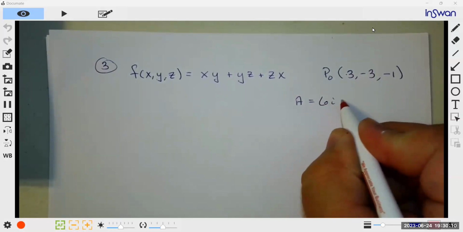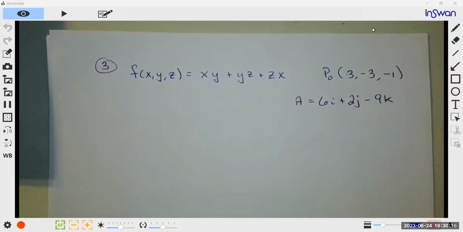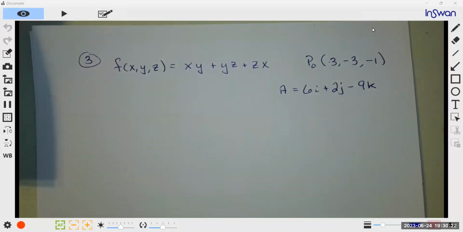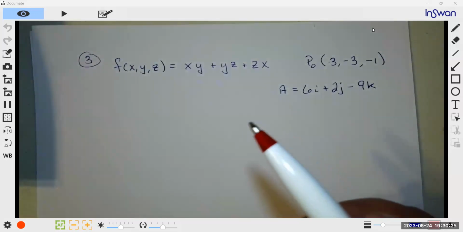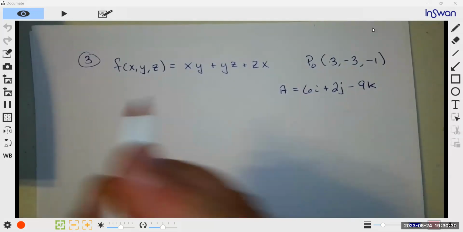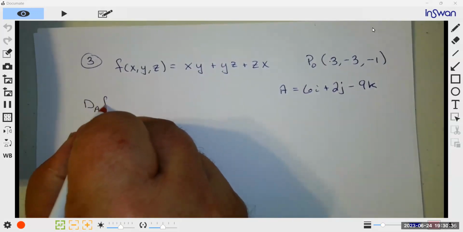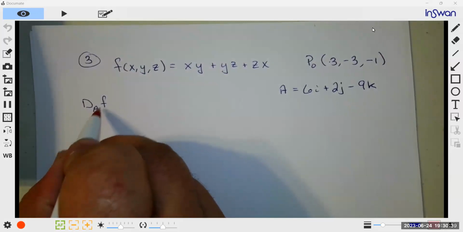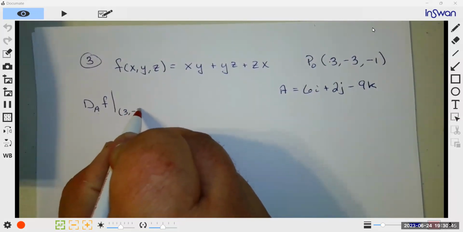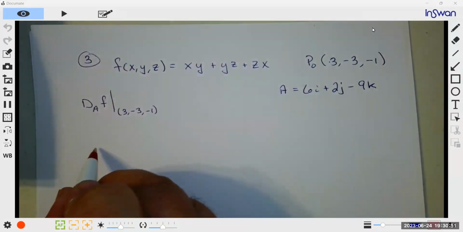And our vector is 6i plus 2j minus 9k. So what this says, we have to find the first derivative of the function at p in the direction of a. So this is what it's asking us: the derivative of f in the direction of a at the point 3, negative 3, negative 1.